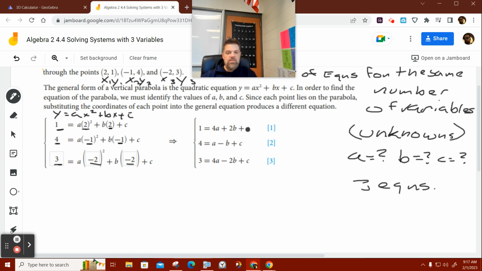So if I want, I could take equation 1 and solve for C. Actually, no, wait. Let me back up for a second. I'm going to do equation 2 because I think that might be a little easier.